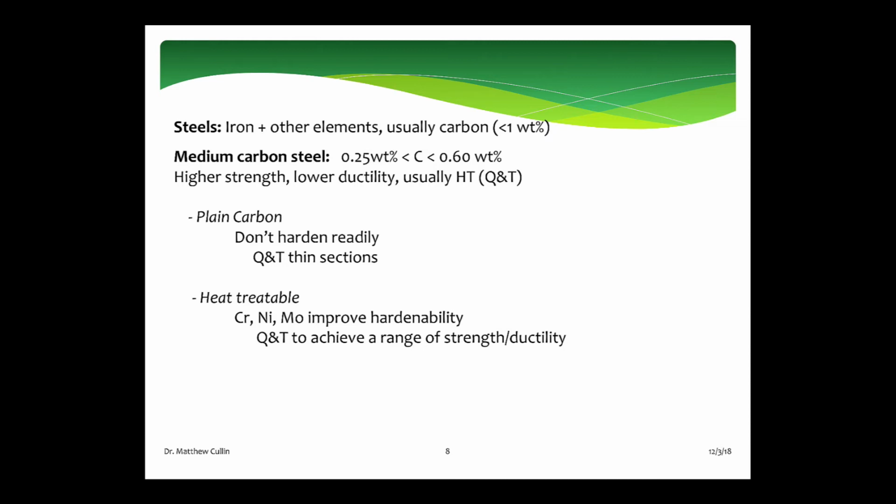So when you buy a medium carbon steel, you'll buy it a lot of times in the fully annealed or normalized state. So it hasn't been quenched and tempered. It doesn't consist of tempered martensite yet. If you want high strength, you're going to quench and temper it.